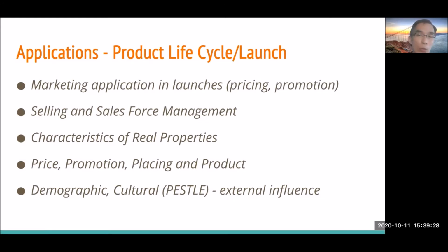Marketing application in launches, pricing, usually they will ask about new launches. How are you going to help the developer to launch the new projects? Selling, pricing, how do you position the price? Selling, using their own sales force or using agency sales force or using a combination of sales force from both sides. And then usually, again, goes back to price, promotion, place, and product.